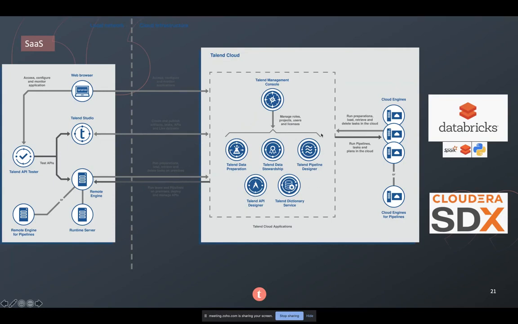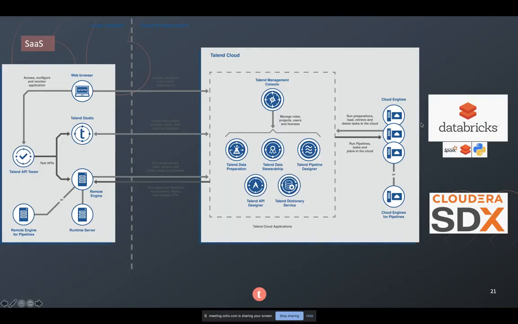There are also some companies that don't even want to install the GUI for implementing the integration artifacts. They want to have everything completely as a service, and so for that we also provide what is called the pipeline designer, a completely SaaS-based tool for implementing integration artifacts.